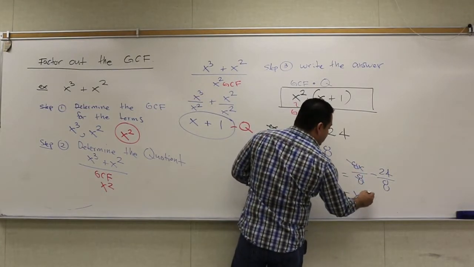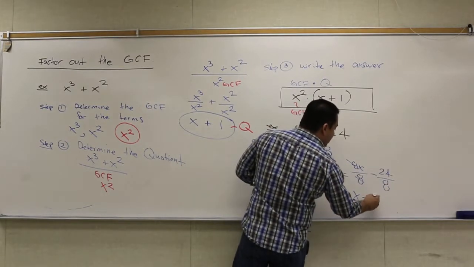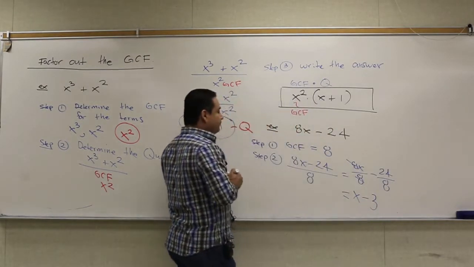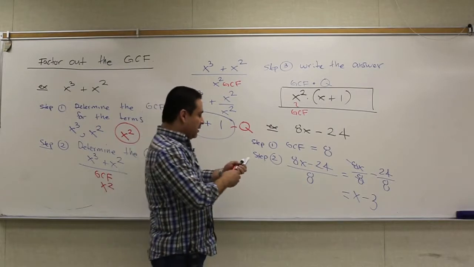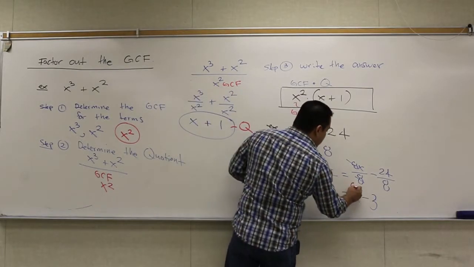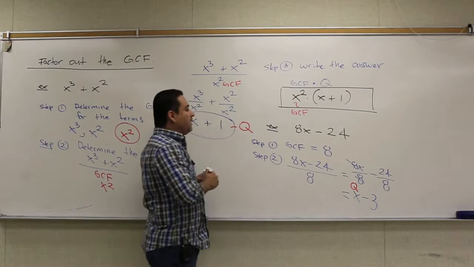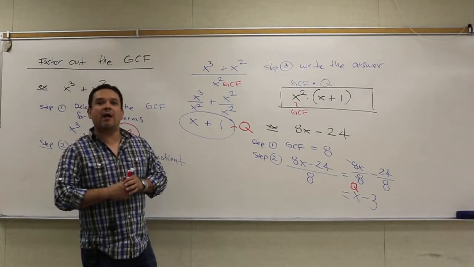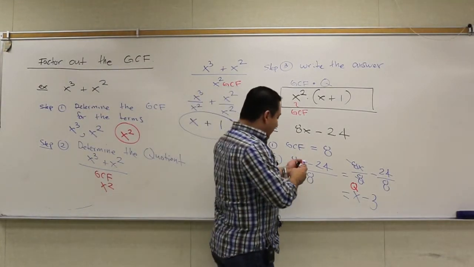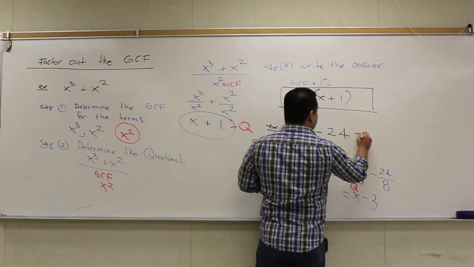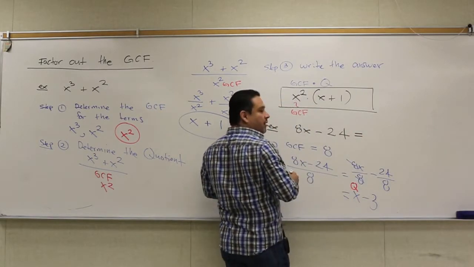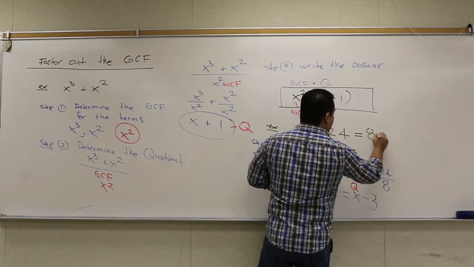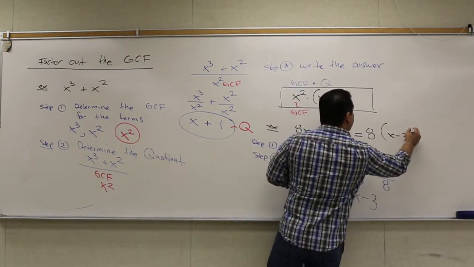You have x minus, what's 24 divided by 8? 3. This is what we call the quotient. So you found your two pieces of information. You're now ready to write your answer. So here's the answer. What's the greatest common factor again? 8. What's the quotient? x minus 3.